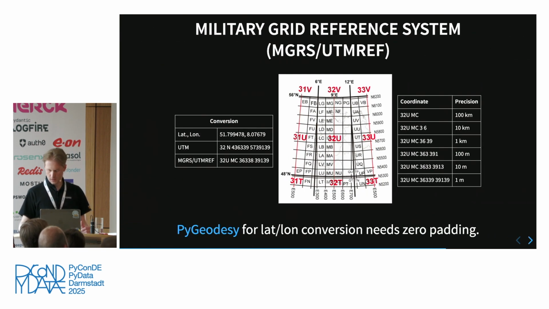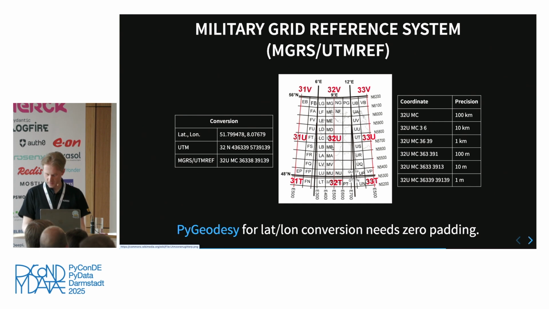Then I also had to integrate the military reference system, also called UTM-Ref. You may be familiar with latitude and longitude coordinates describing a location on the globe. In the UTM-Ref, the world is projected onto 100 kilometer squares with a 2-letter code. I would think for the region here it might be MB, I'm not sure.